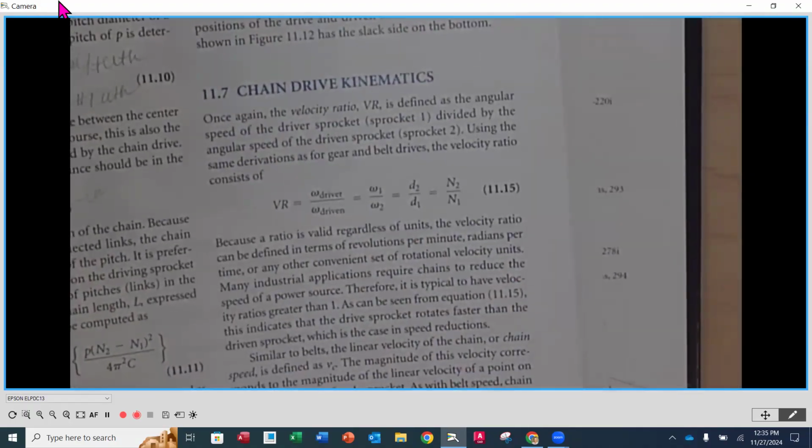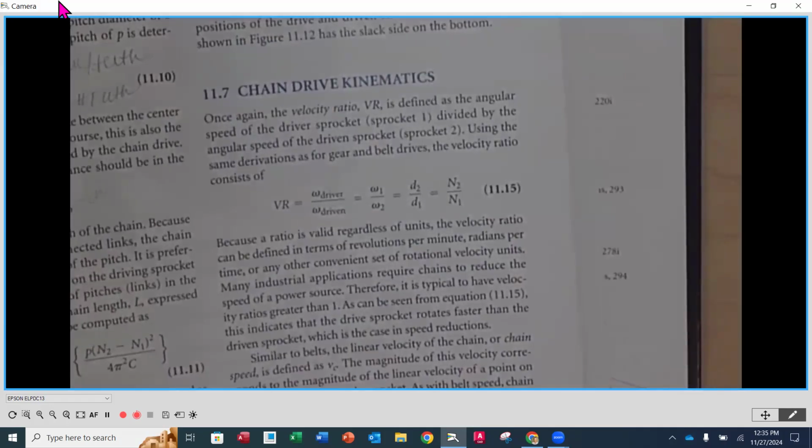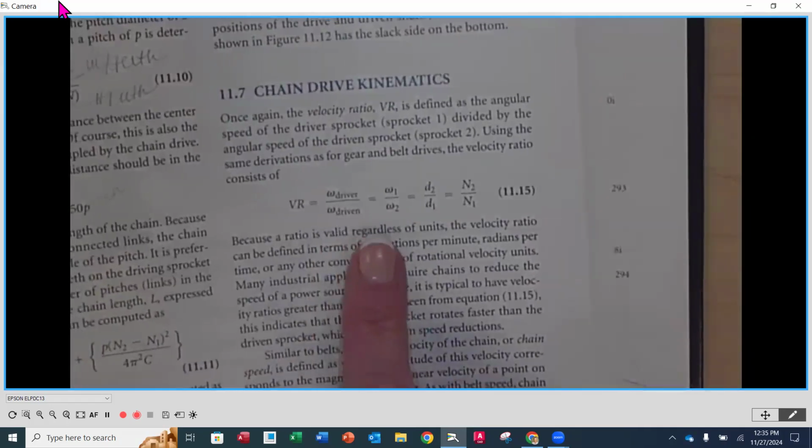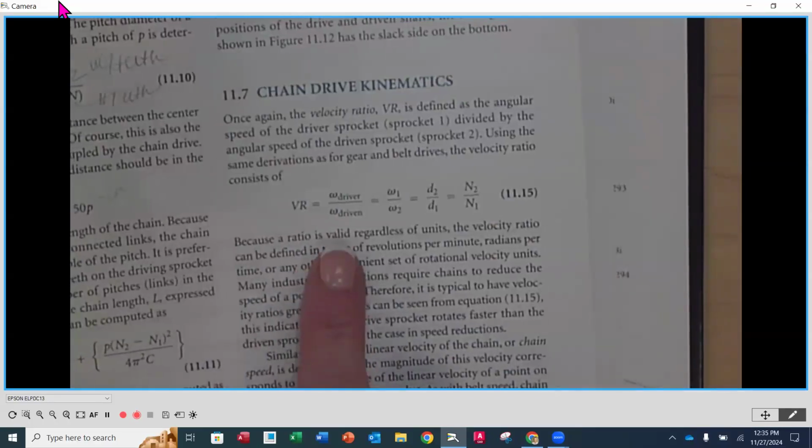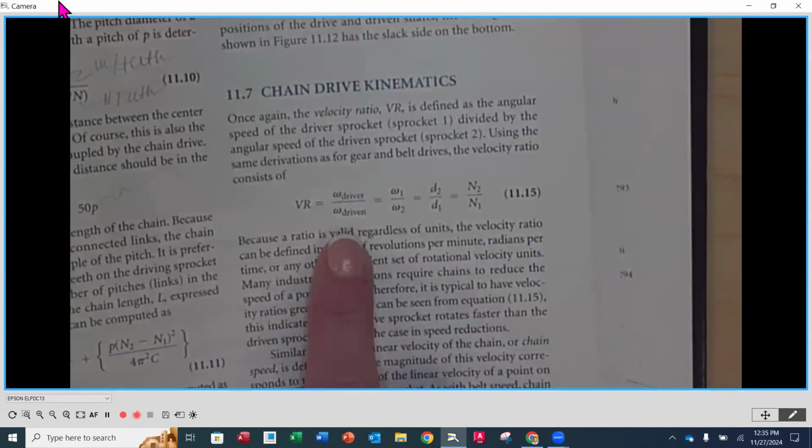Now, because we have teeth on our sprockets, we now can count the number of teeth as part of what we can use to calculate our velocity ratio. So this all looks very familiar. So we can get the velocity ratio by taking the angular velocity of our driver, which is going to be the higher speed of the two in the drive, divided by the driven machine.